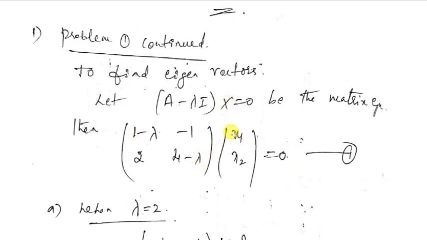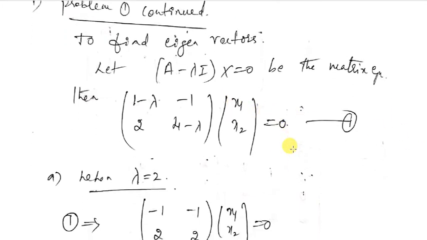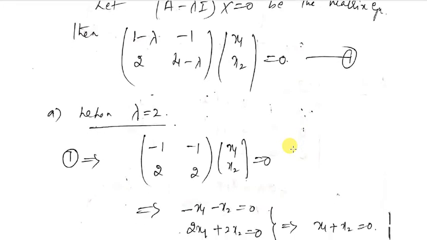Since we have a 2 cross 2 matrix, we have to get only two unknowns, which in turn are the eigenvectors. So capital X is equal to x1, x2 times 0. This is common for both eigenvalues. Let us denote this matrix equation by 1.